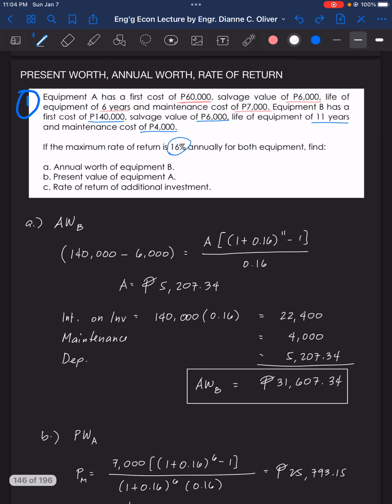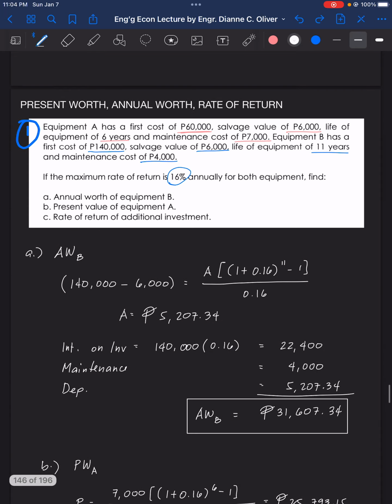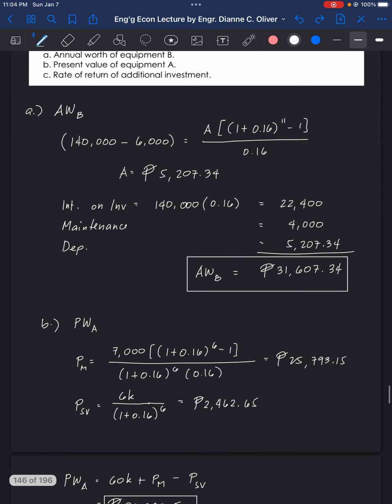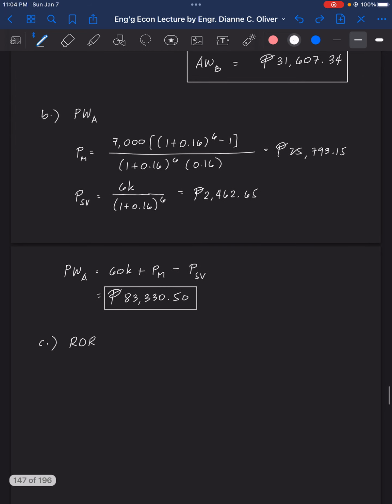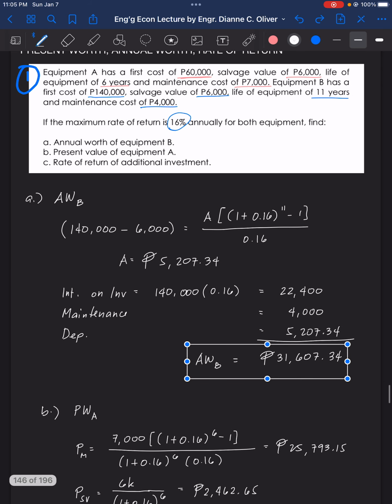Now let's go to letter C, the rate of return on additional investment. For letter C, that will be ROR. Basically, when we solve for ROR on the additional investment, we get the annual cost of equipment A and B, except we're not going to include interest on investment.